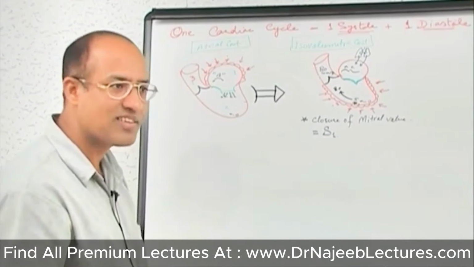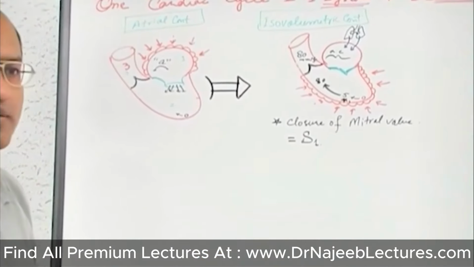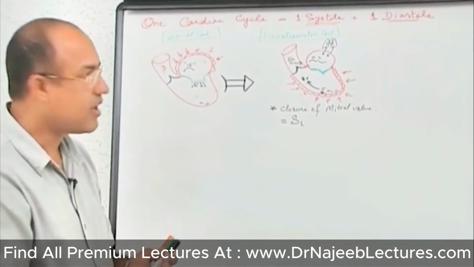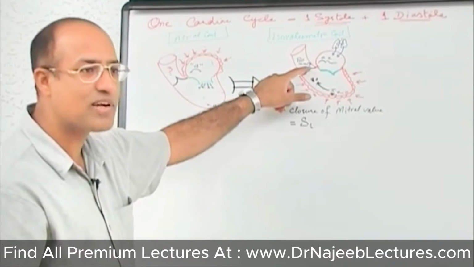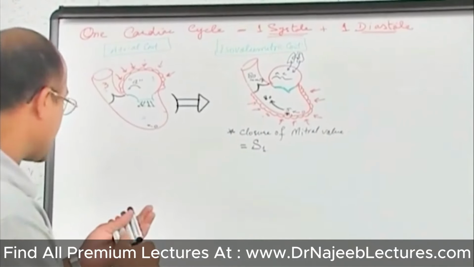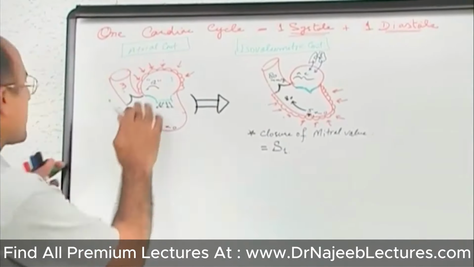Am I clear? Now listen carefully. At the exact moment when pressure in the ventricle becomes more than in the aorta, which valve will open? The aortic valve will open. Excellent. Let me make the aortic valve also green so that the things I want to show in the pressure tracing remain black.